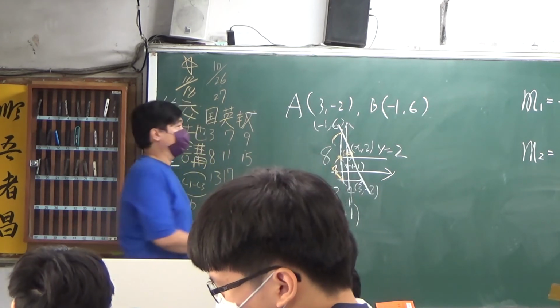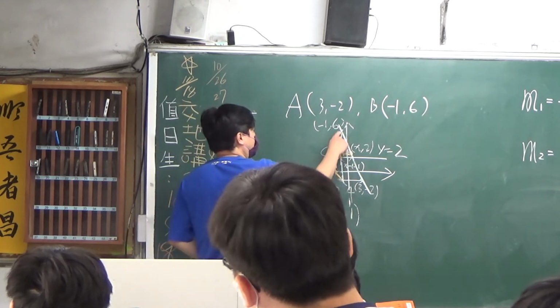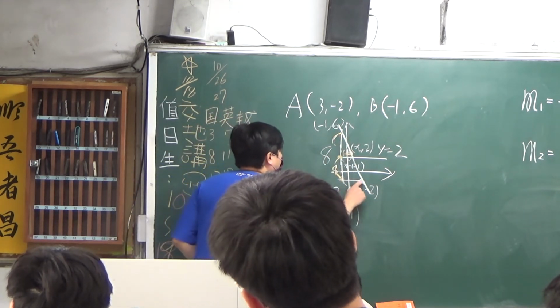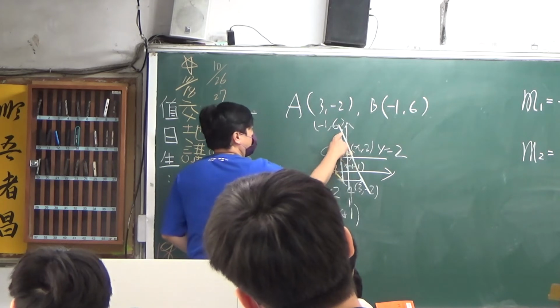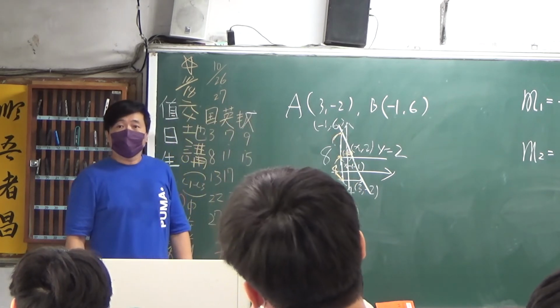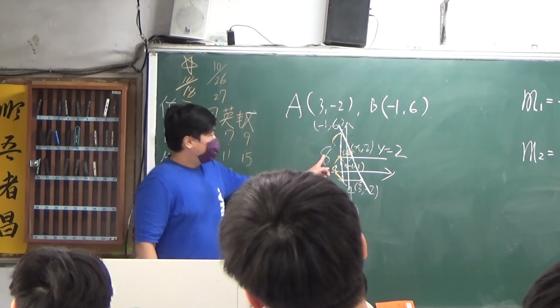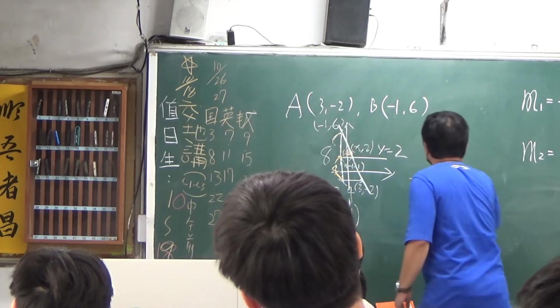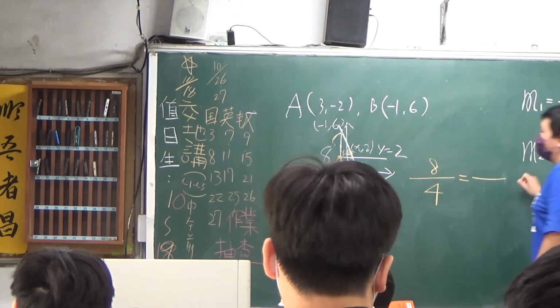So we use the similar triangles. This triangle is similar to this triangle. So 8 over 4 is equal to what?